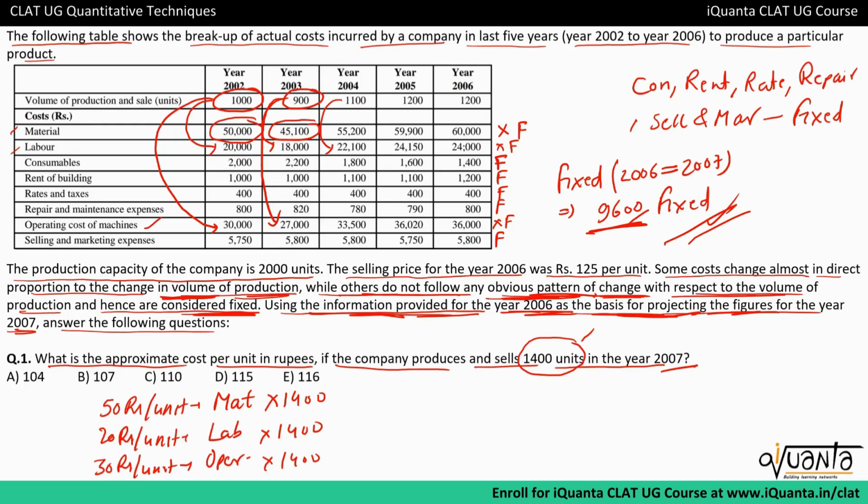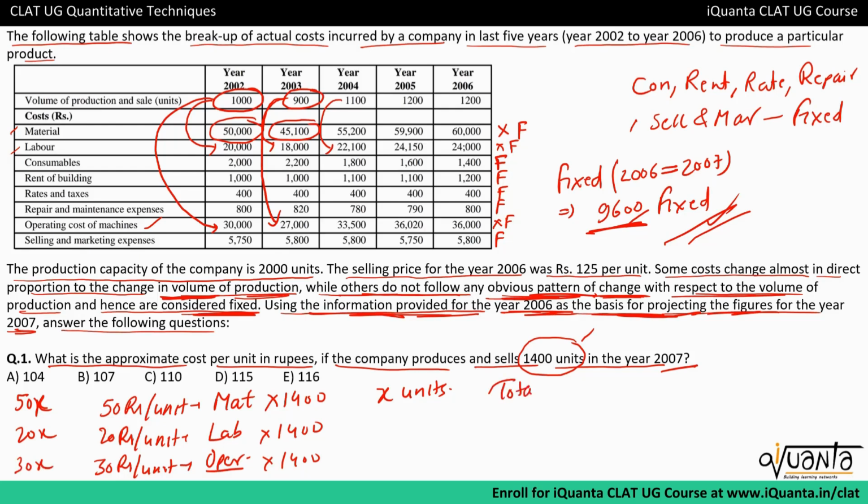For example, if I assume that there are X units that are being produced, okay, in year 2007. So if there are X units produced in year 2007, then cost of this material would be 50x rupees because X units are produced. Cost of this labor will be 20x rupees in total, and cost of this operating cost will be 30x, right, in total.